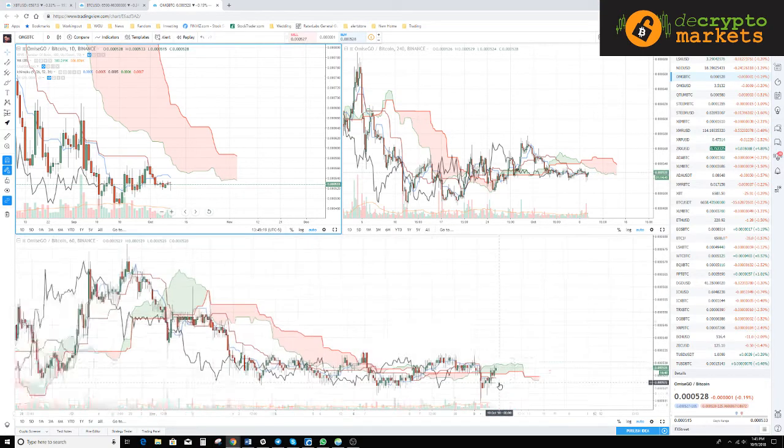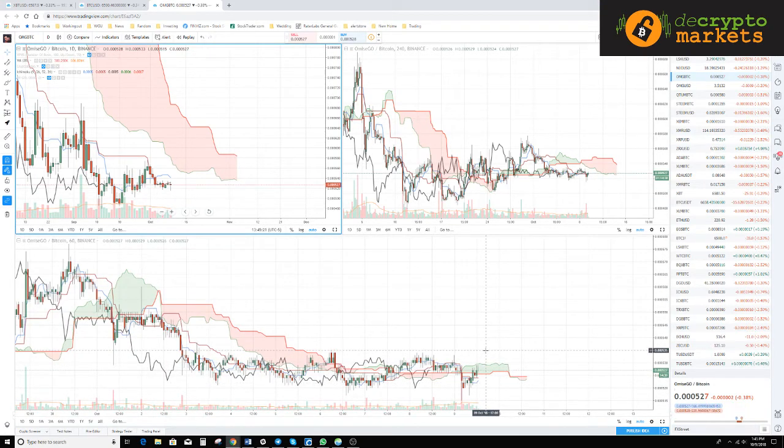OMG is actually kind of lagging in that respect. So an entry at, what is that, 535. Pretty fine, actually. OMG BTC long at 535, based on the 1 hour Ichimoku. That'd be price above cloud, lagging span above cloud and price.